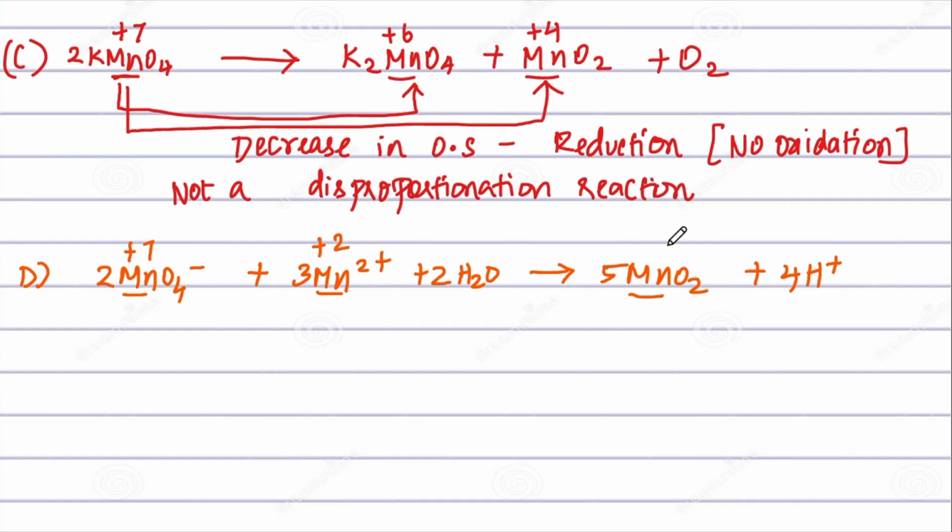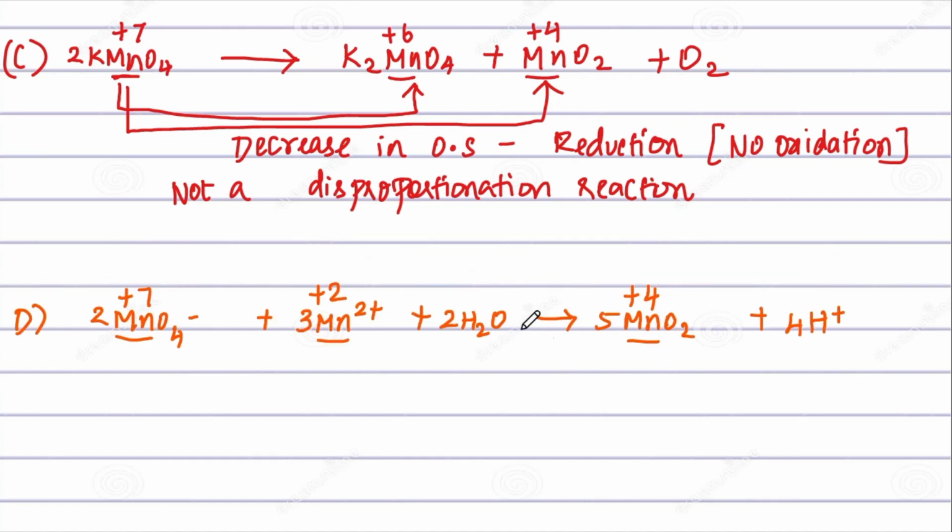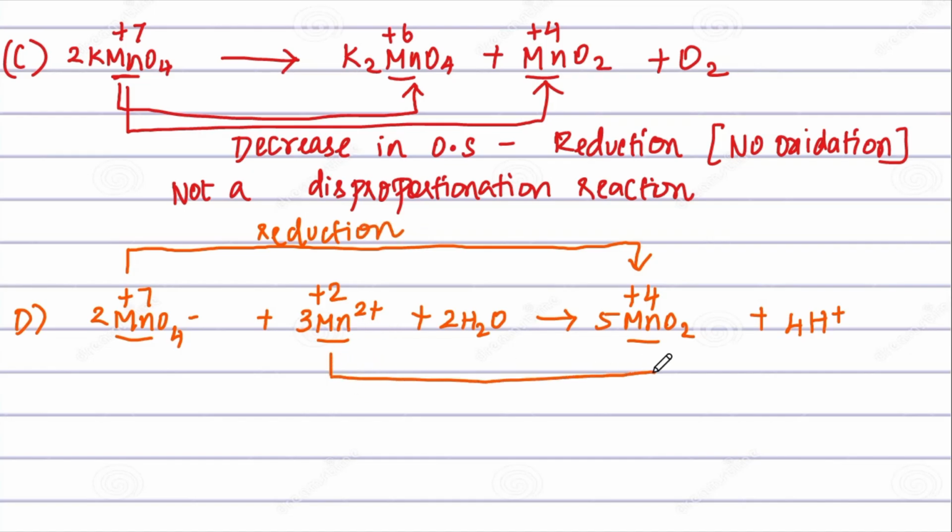Then in the product MnO2 is present, so here the oxidation state is plus 4. Let us compare the oxidation states. From plus 7 decreased to plus 4, so it is reduction. Then from plus 2 it is increased to plus 4, so it is oxidation. But here the same species is not undergoing reduction and oxidation. The same element is undergoing reduction and oxidation, but they are present in different compounds.